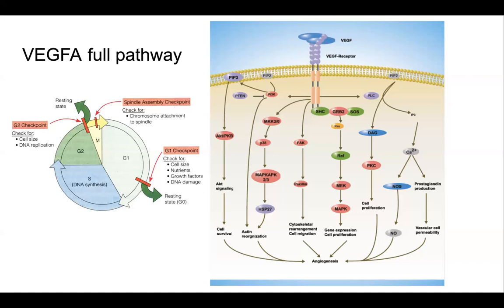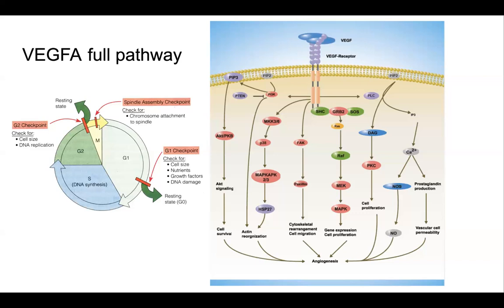But if it's mutated, it can result in unmanaged cell proliferation, and it will turn into an oncogene. So as you can see, there's a series of pathways that involve different proteins, and they all lead to angiogenesis from receptor 2.